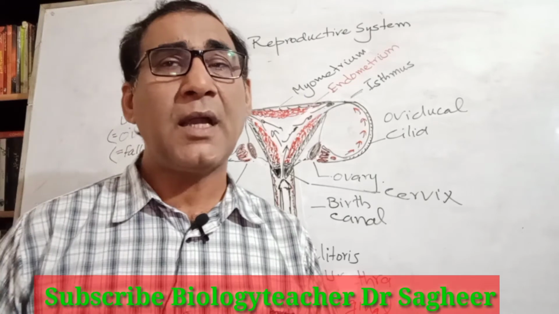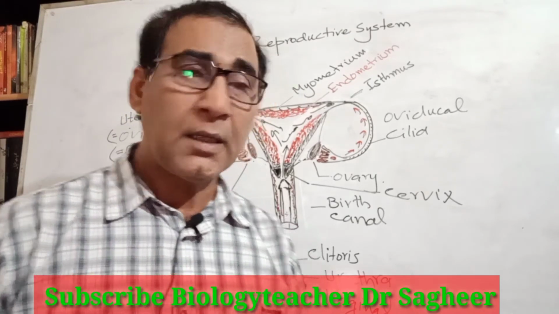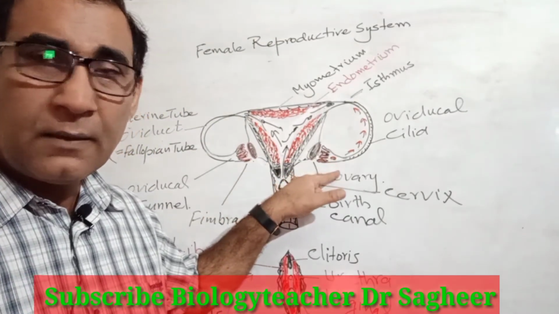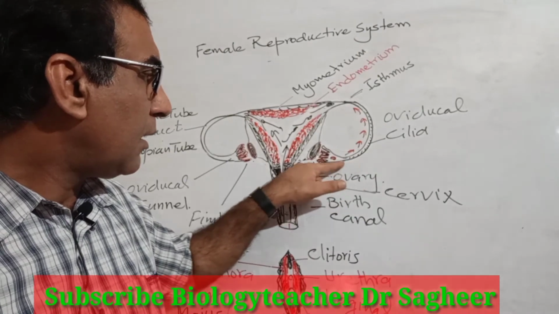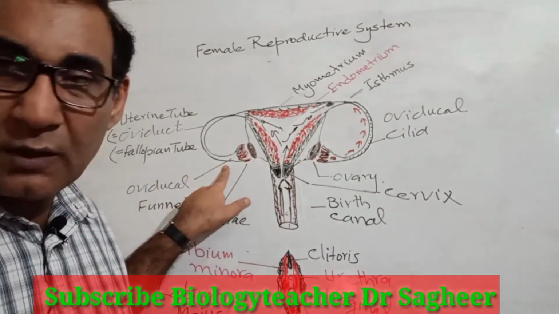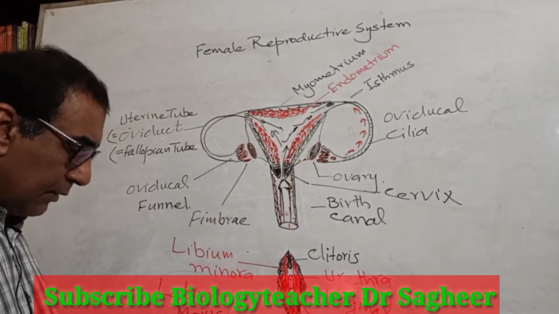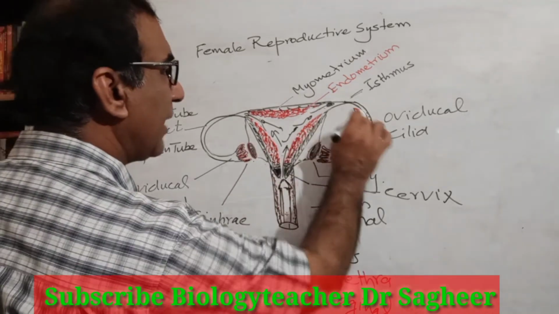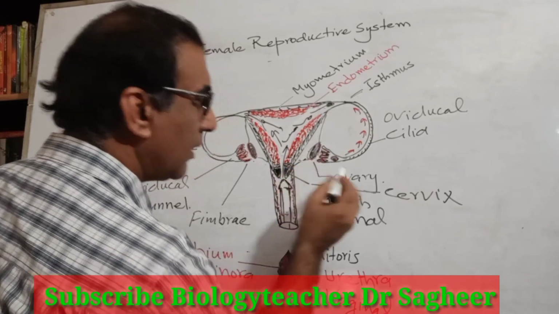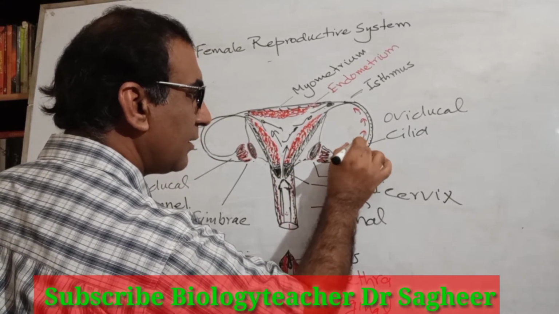At the moment I'm telling you that the zygote is formed here, in this part of the oviduct. Okay, and suppose the sperms have reached here and the zygote is formed, then what will happen? This zygote will start moving towards this side.